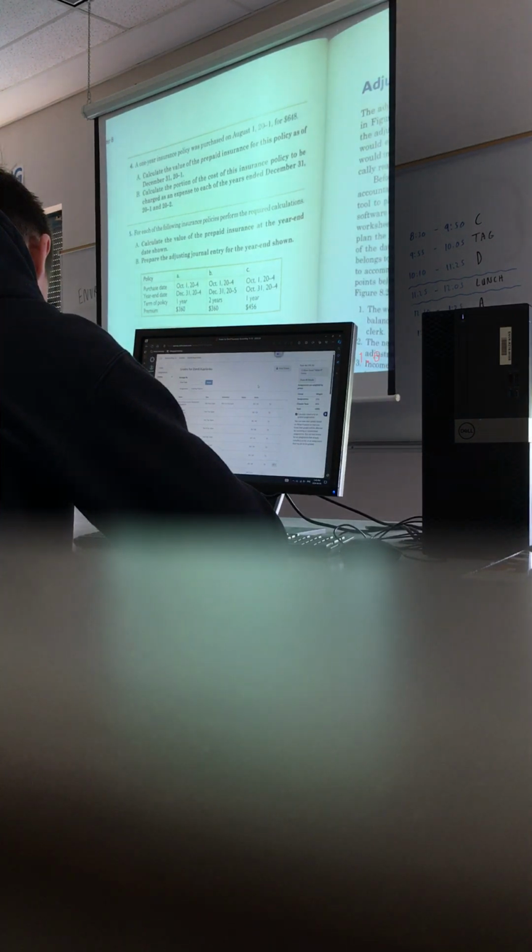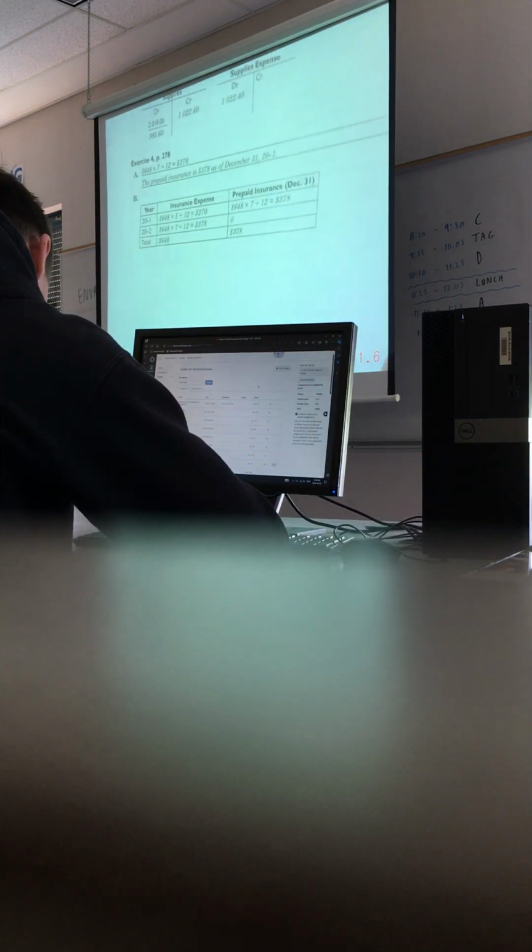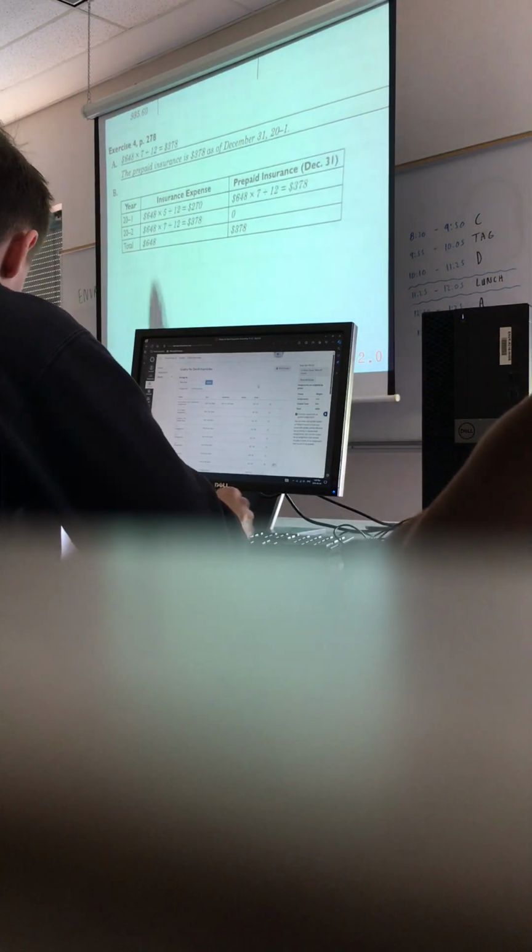So to figure this one out, the expense amount for year 1 is what you used up. So it's 5/12 of the initial amount. So you go 5 divided by 12, it'll give you a decimal, multiply that by 648. So they used up 207.